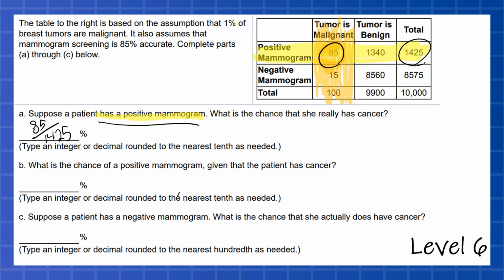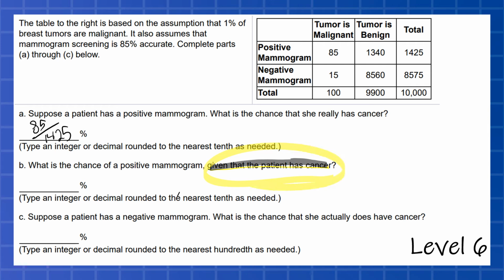Let's look at another one. It says, what is the chance of a positive mammogram given that the patient has cancer? So what is my context? Is my context that they have a positive mammogram or that they have cancer? It says given, which is our giveaway for what we're looking at here.